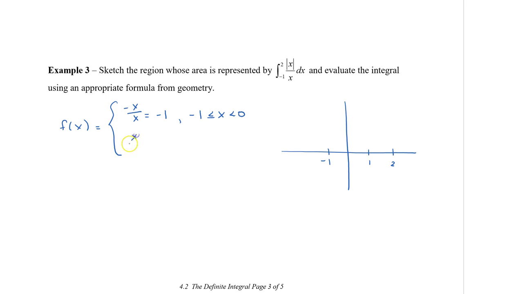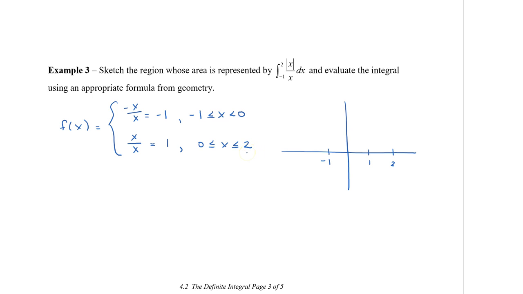So then I get x divided by x, because x would be a positive number after 0. And this gives me a value equal to 1. So this occurs from 0 less than or equal to x less than or equal to 2. Notice that my lower limit is -1. That's part of the first part of the absolute value. And the 2 is part of the second part, which is positive. So it's actually my upper limit, which is my end.